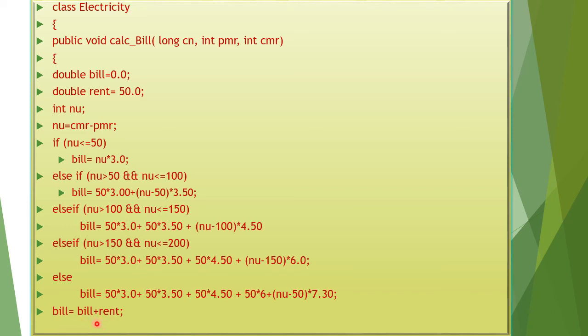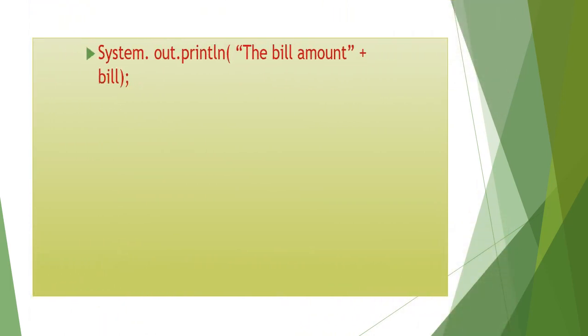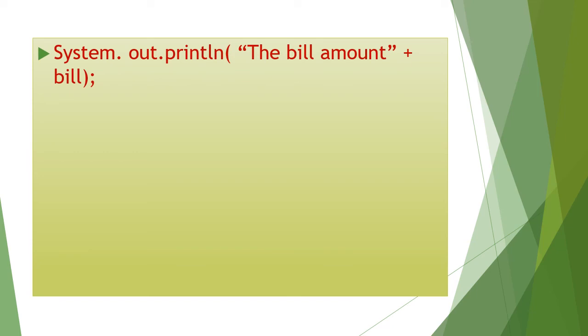So the total bill, the amount to be paid, will be stored in the variable bill. Now we have to display the bill amount which is stored in the variable bill. Then the closing brace of the function and the closing brace of the class.